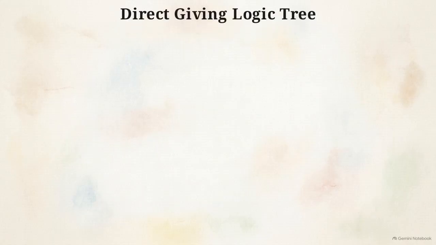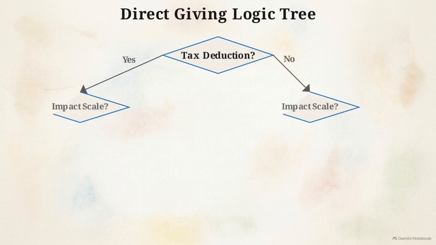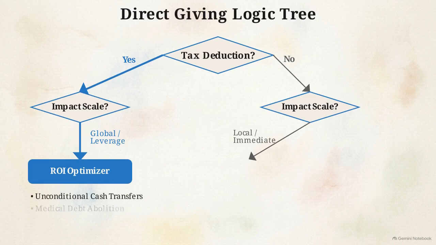We can route your funds using a simple logic tree. It asks 2 questions. Do you require a tax deduction? And do you prefer massive scale and leverage or local, immediate impact? If you are an ROI optimizer, meaning you require a tax deduction and demand maximum global leverage, your path leads straight to unconditional cash transfers or medical debt abolition.